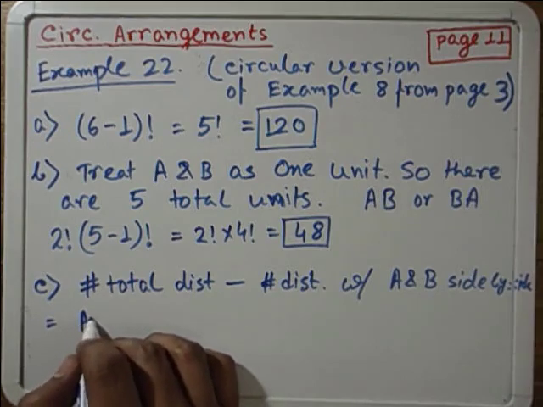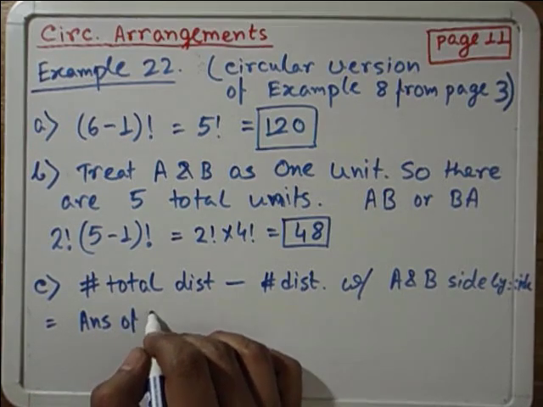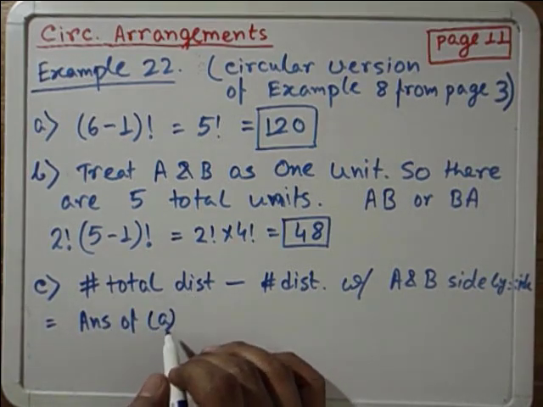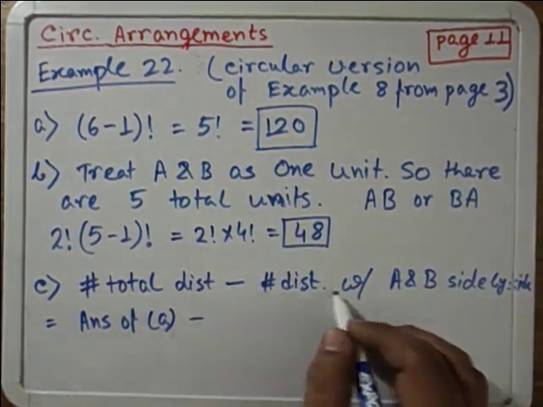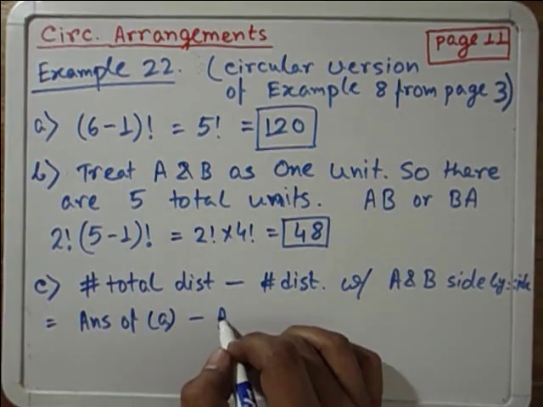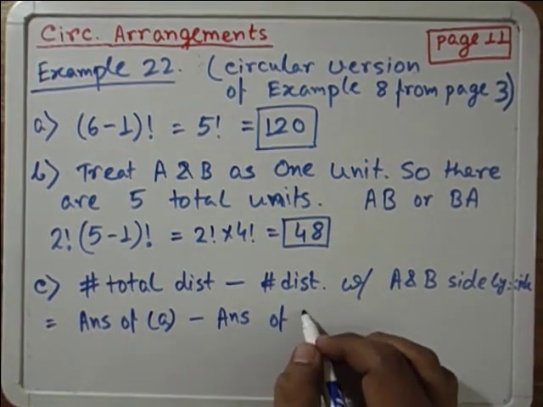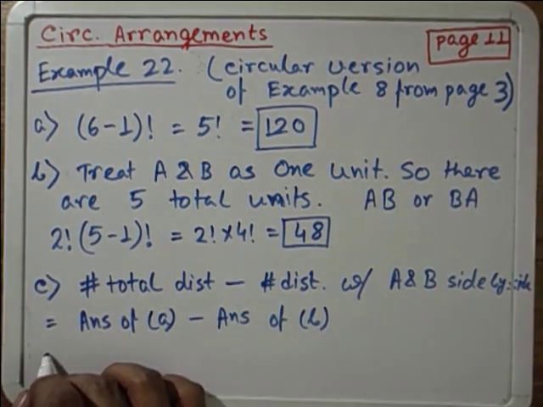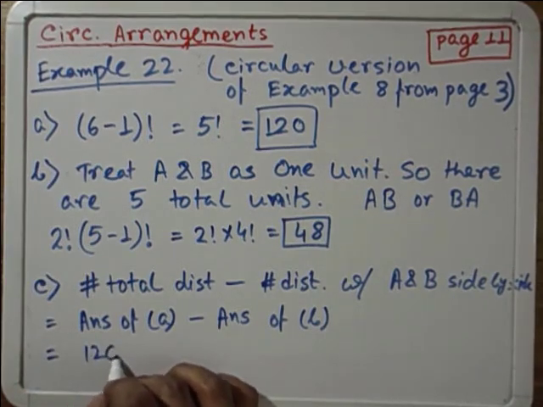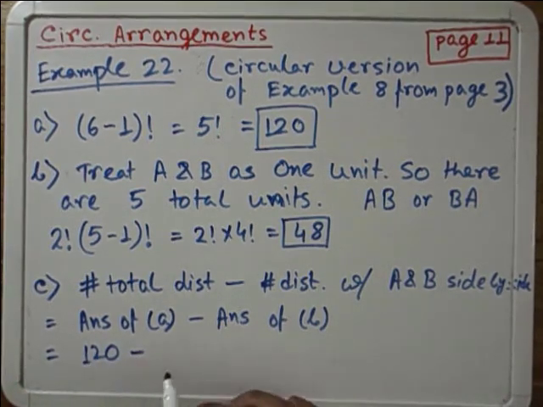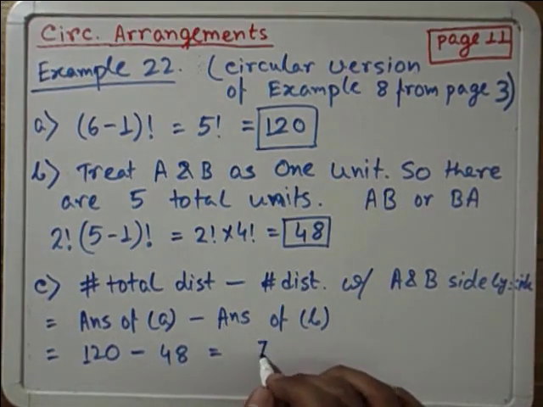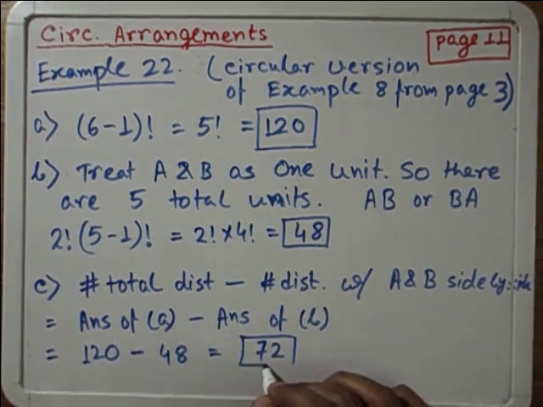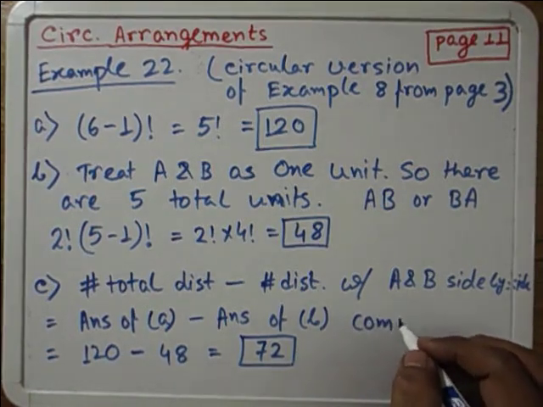This part is the answer of A, the total distributions, which we calculated. And this part is the answer of B. So 120 minus 48, which is 72. Okay, complement method.